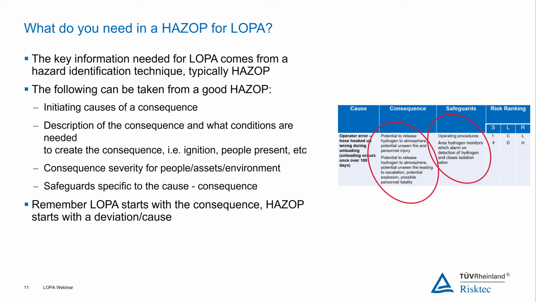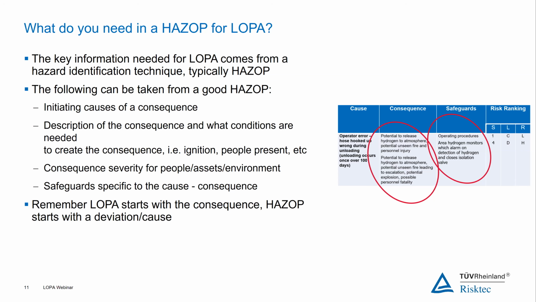Some of the key things you can take from a good HAZOP is defining very clearly what your initiating causes are, what your consequence is, and making sure you're taking that consequence to the end level and defining exactly what you need for that consequence to occur. So what conditions do you need? For instance, ignition, if we're talking an ignited event, the presence of people, is it going to cause a fatality, multiple fatalities?